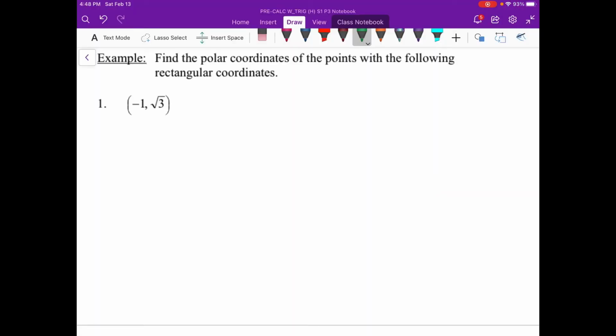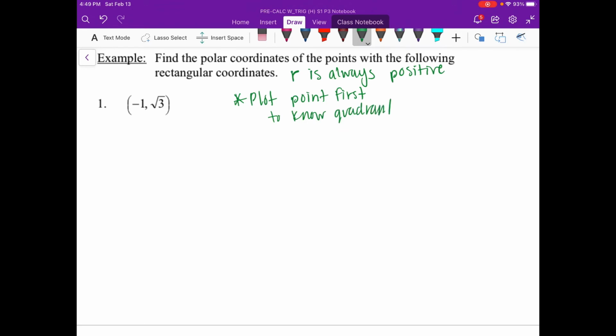So let's start off with a few reminders. Remember that r is your radius, so r is always going to be positive. And then it is helpful to maybe plot the point first, just to see which quadrant it is in, so to know the quadrant for theta.